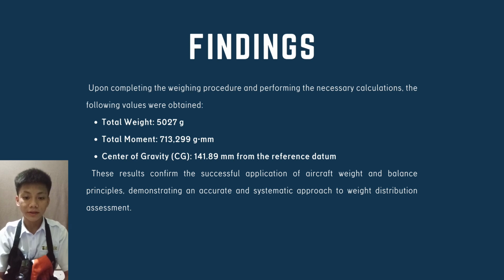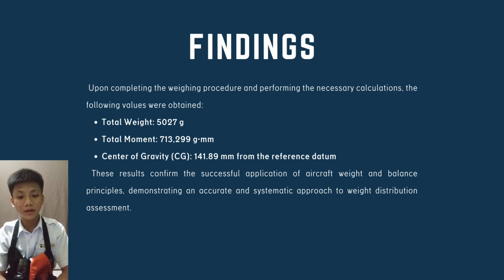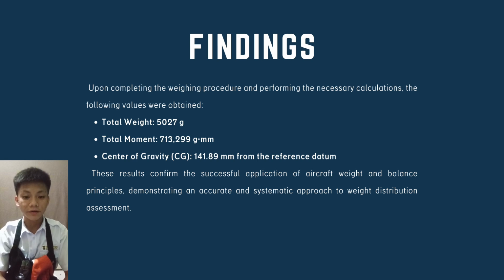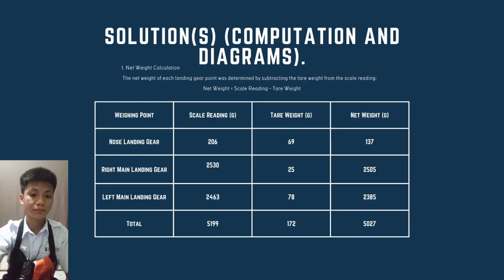Center of gravity is 141.89 millimeter from the reference datum. These results confirm the successful application of aircraft weight and balance principles, demonstrating an accurate and systematic approach to weight distribution assessment.